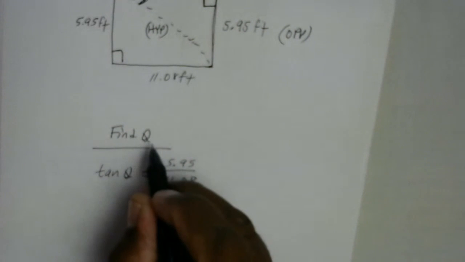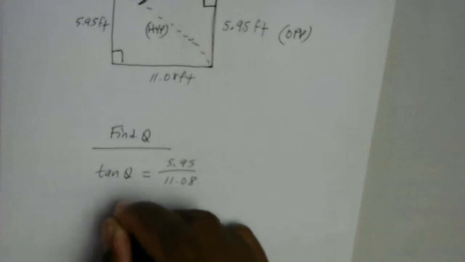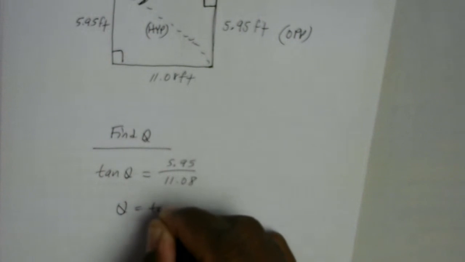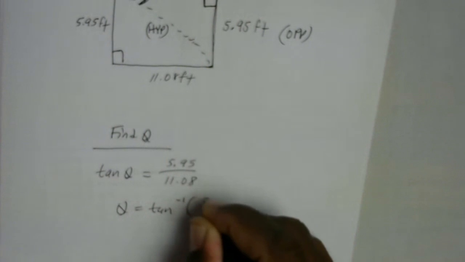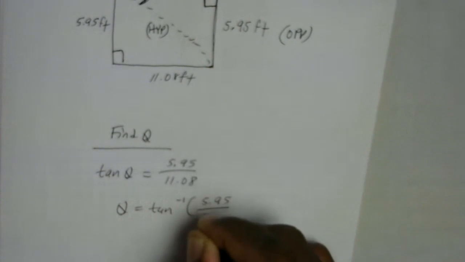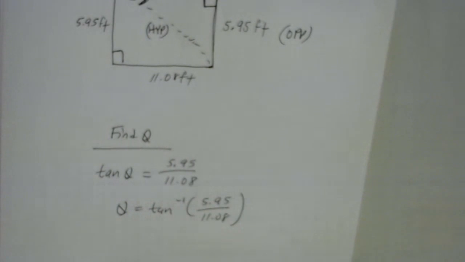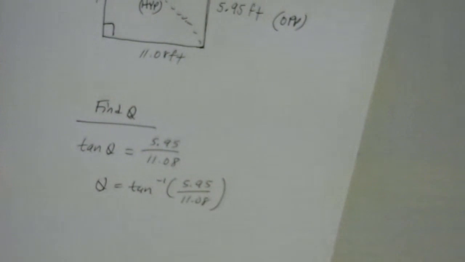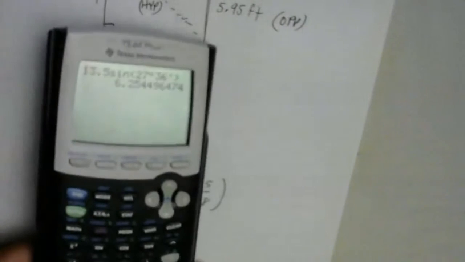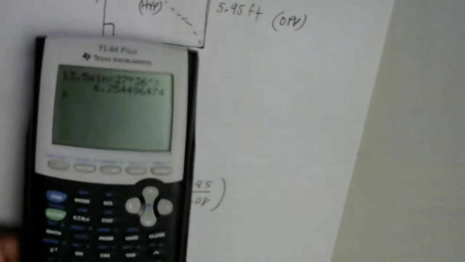Since I'm finding an angle measure, I want to use the arc tangent. So if I use my calculator, and again, I'm in degree mode, so I'm in the right mode.